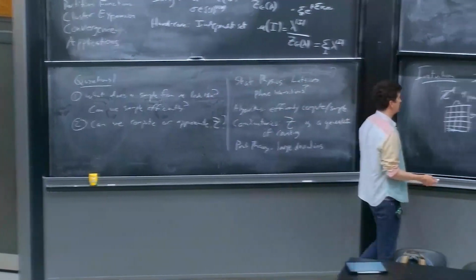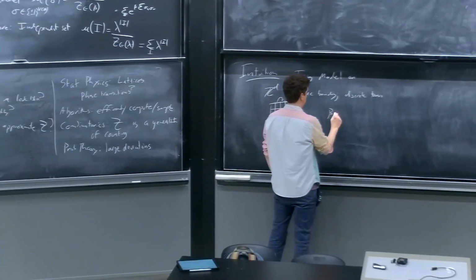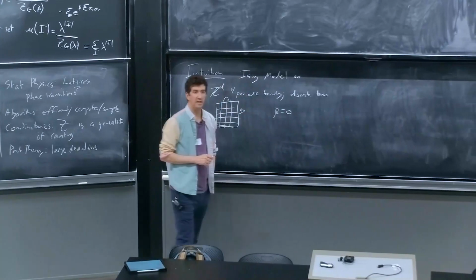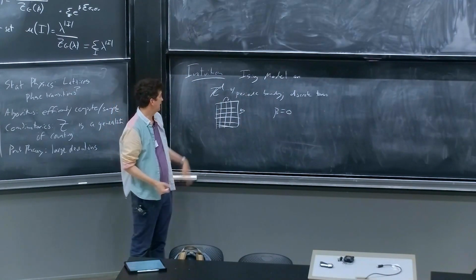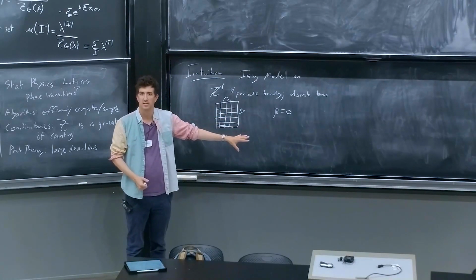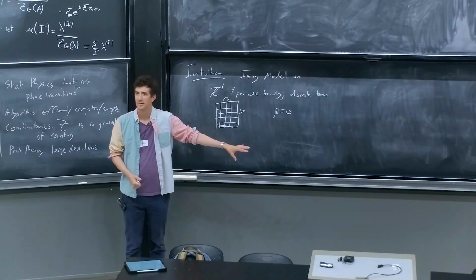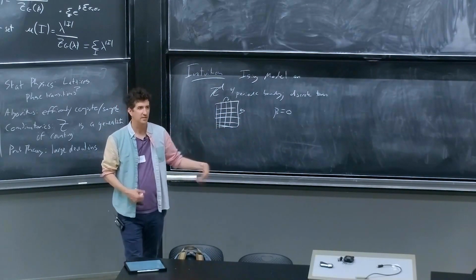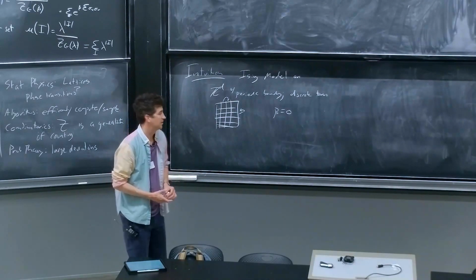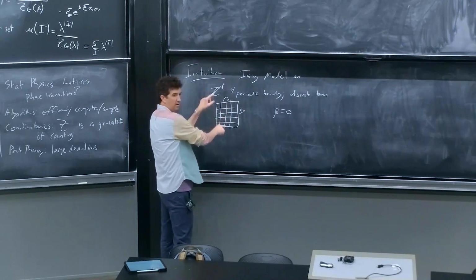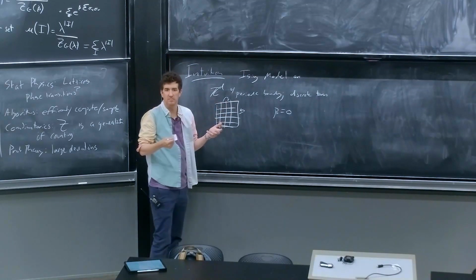Let's do some easy cases first. Beta equals 0. If I take beta equals 0 and look at the Ising model on this graph, what is it? Uniform, yeah, to be a bit more precise, I have plus or minus 1 spins on all the vertices, but how do I choose them?